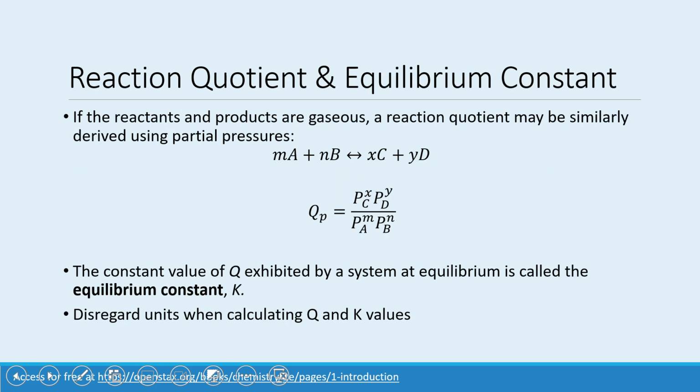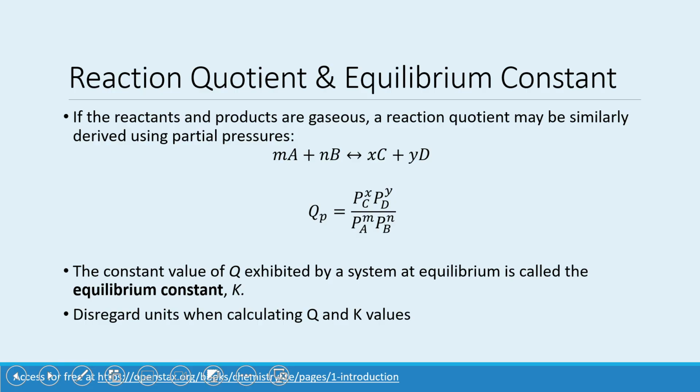Now, if we're using partial pressures, it's as simple as swapping out those molarity, those concentrations, with partial pressures. So same exact equation, you raise it to the power of the coefficient. You just swap out whether it is molarity or whether it's partial pressures. Now, regardless of whether you're calculating Q or K values, we're going to disregard any units.